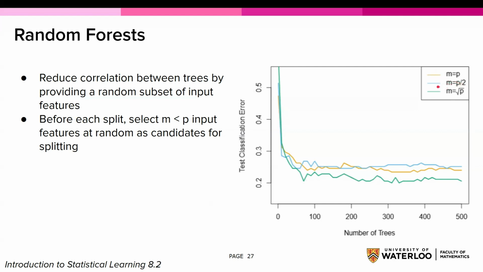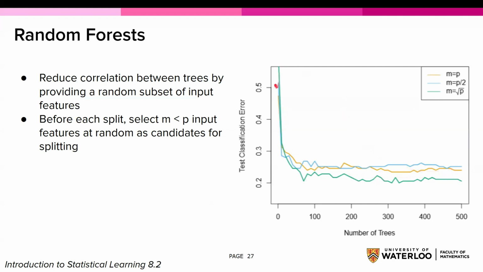Another choice is m equals p over 2, where we allow the decision tree algorithm to pick between half of the available features in the data set. And then m is the square root of p. The orange line here is a simple bagged tree, which has access to all the input features.